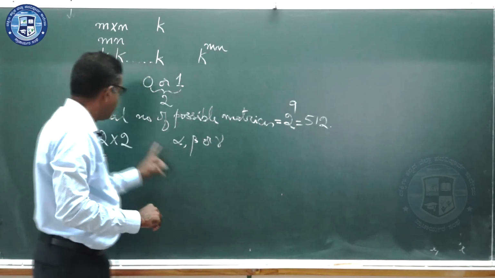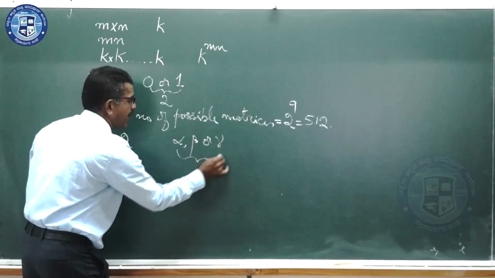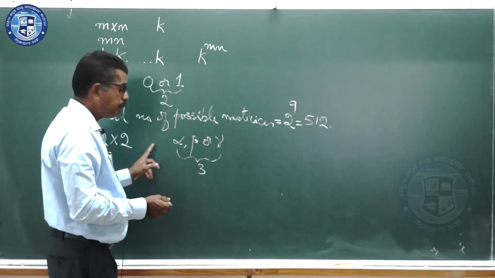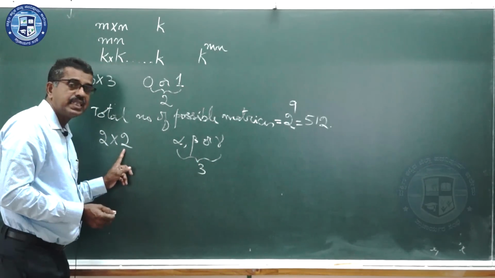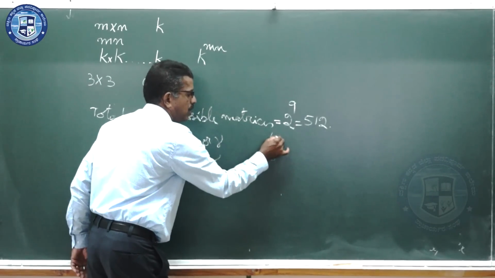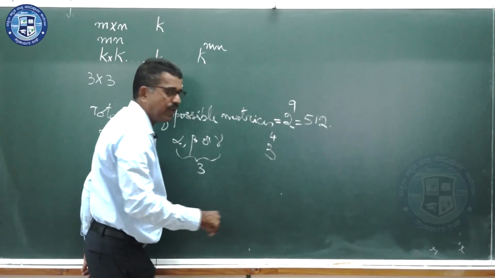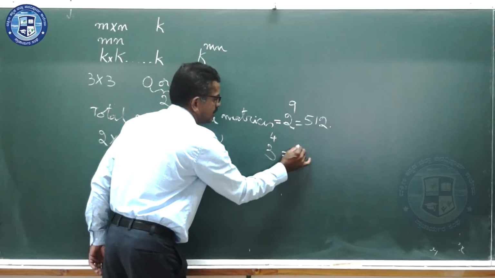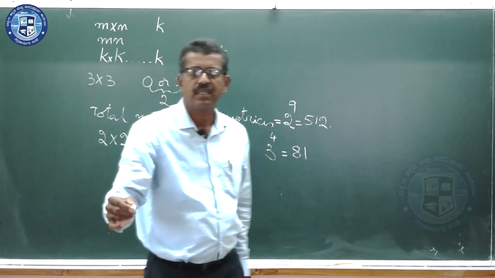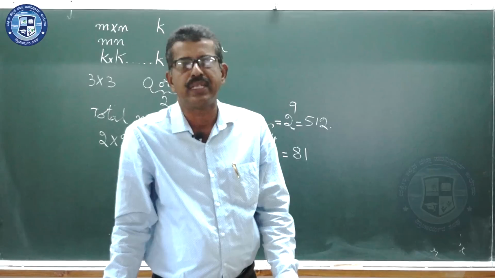Of course, yes. The number of possible entries is 3, and the number of elements is 4. Therefore the answer is 3 to the power 4, which is 81. The total number of possible matrices is 81.